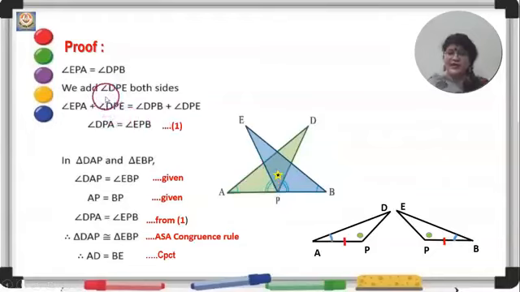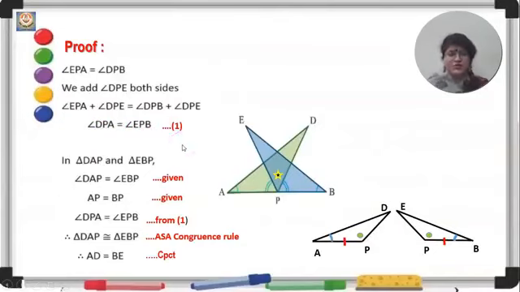We will add angle DPE on both the sides. So when you add on both the sides, you get EPA plus DPE equal to DPB plus DPE. So after adding, what you get is this. Let us number this as statement 1. That means we have proved that DPA is congruent to angle EPB, the one shown in green. So this step is very important.